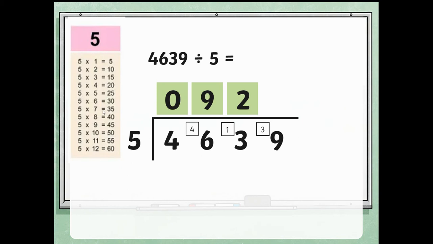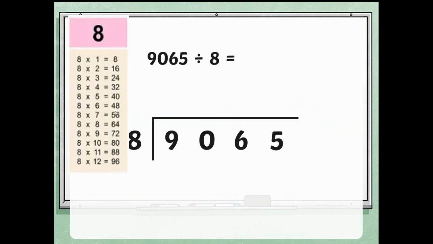What do you think? Yes, closest would be 7. So I could do 7 groups of 5, which is 35. So that would be 7 groups and a remainder of 4. So that would be 927, remainder 4.